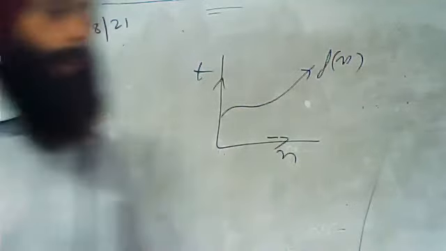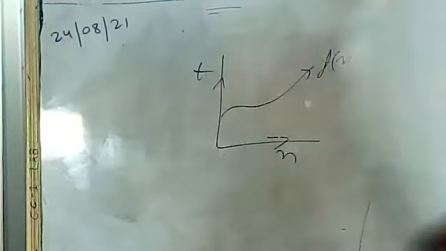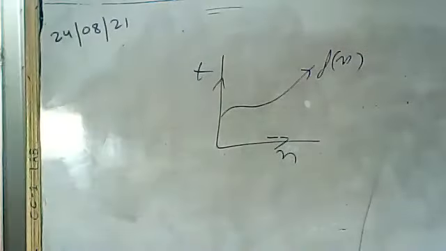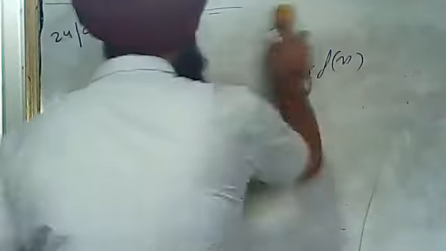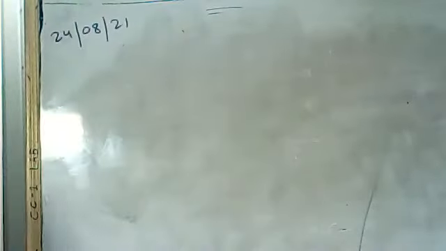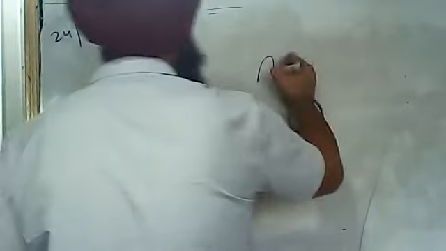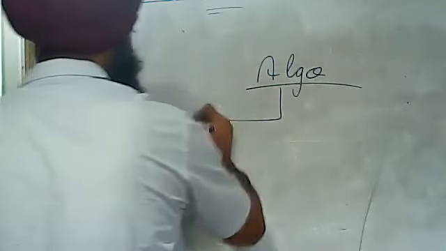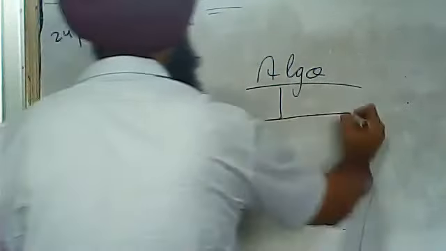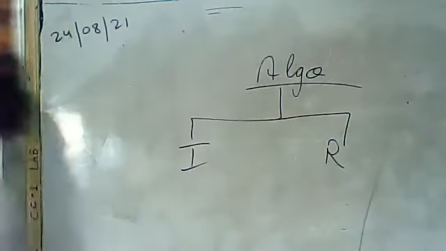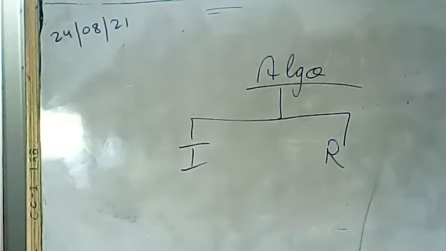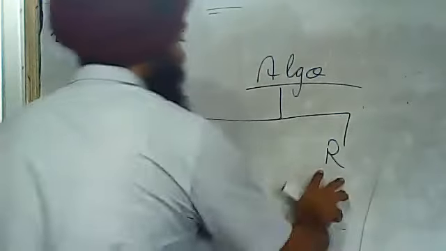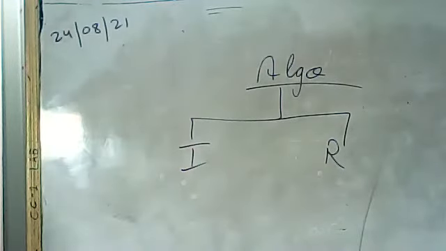So there are two types of algorithms actually. There are two types of algorithms that are available. The first one is the iterative one, and the second one is the recursive one.